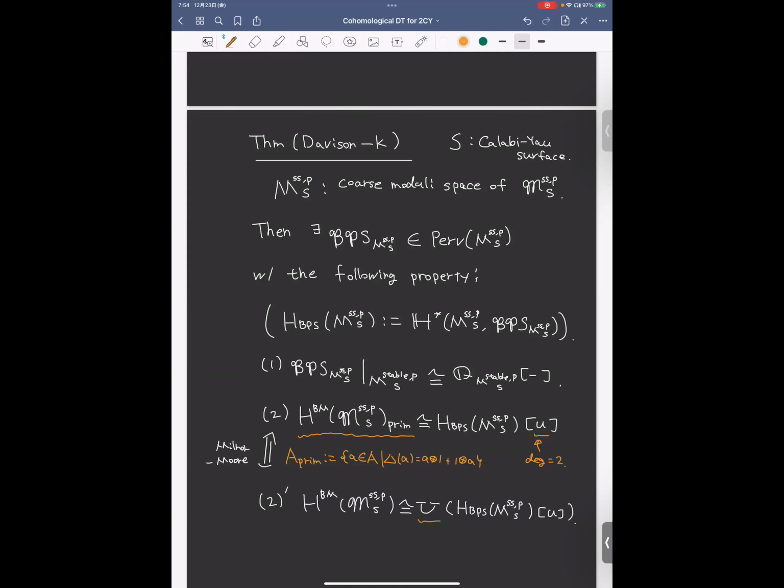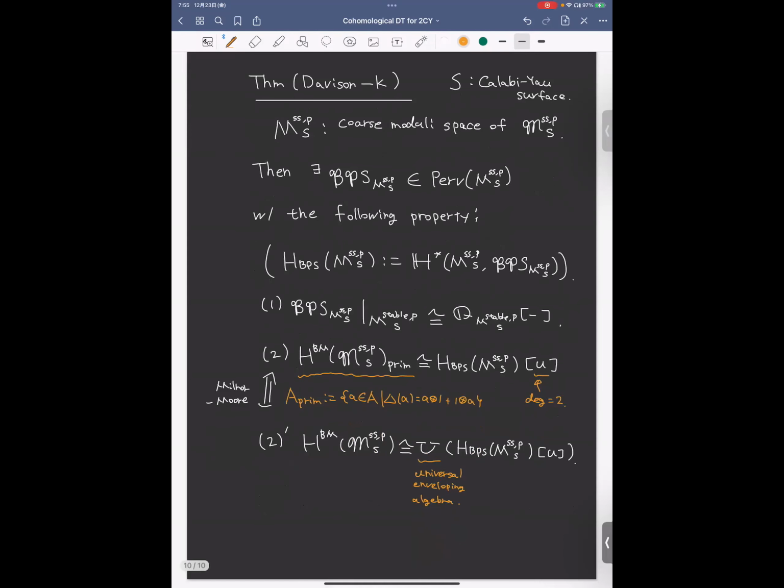Here, this denotes the universal enveloping algebra. So this gives a structural result on the Kaplan-Vasserot cohomological Hall algebra for two-Calabi-Yau categories. That is, it is a universal enveloping algebra of some Lie algebra.